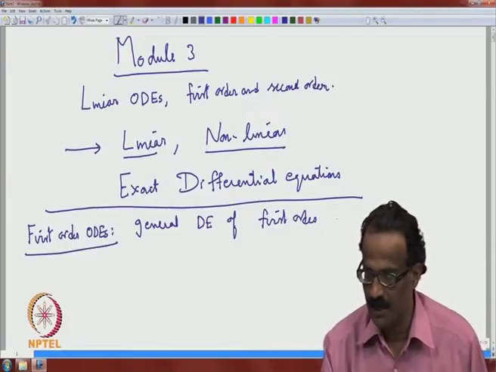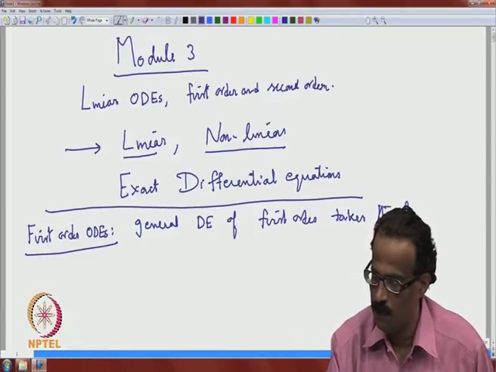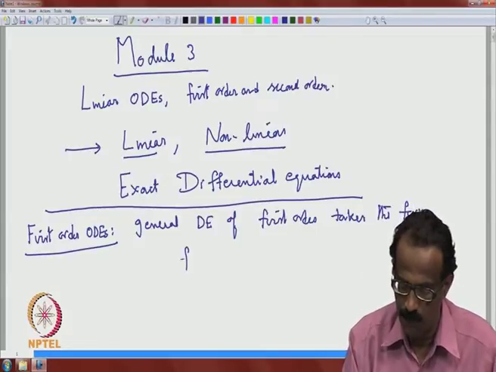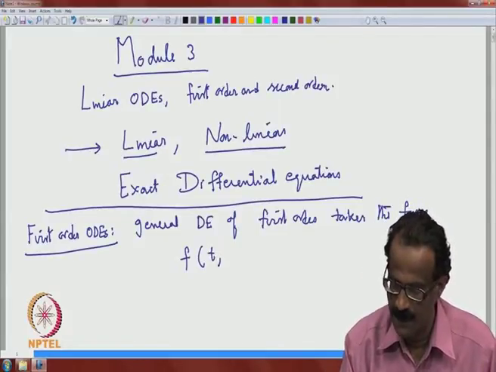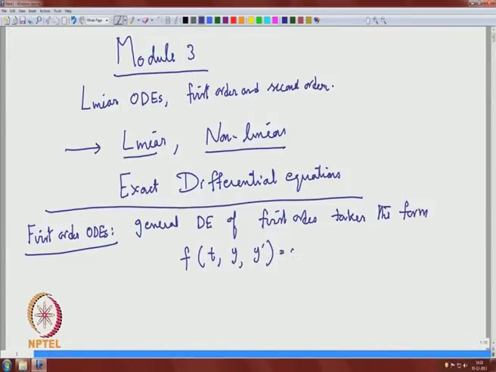A differential equation of first order takes the form f of t, y, y prime equal to 0, where y equal to y of t is the unknown function to be determined.